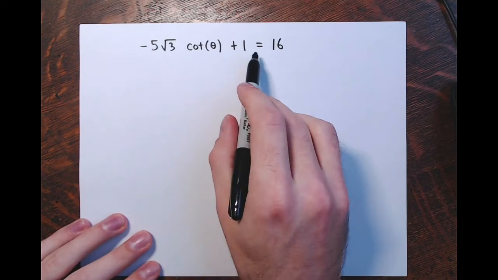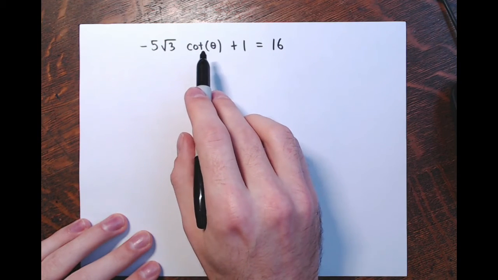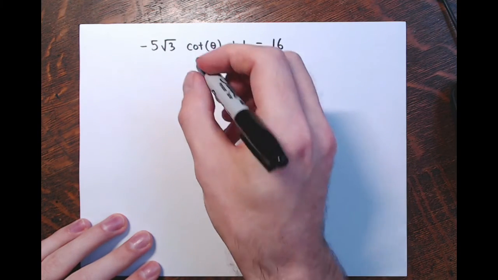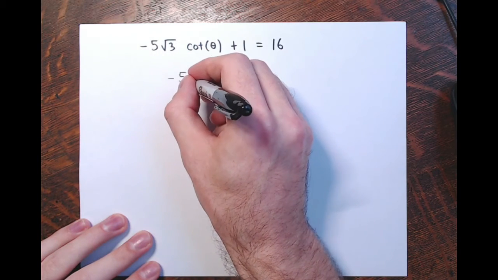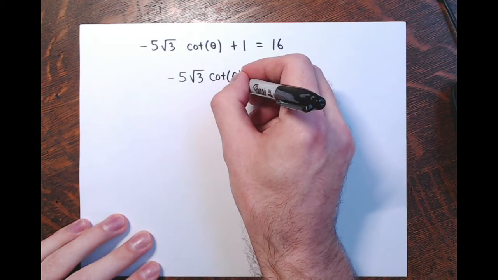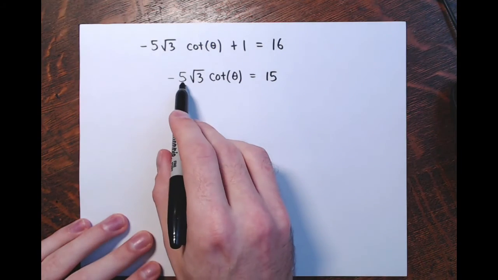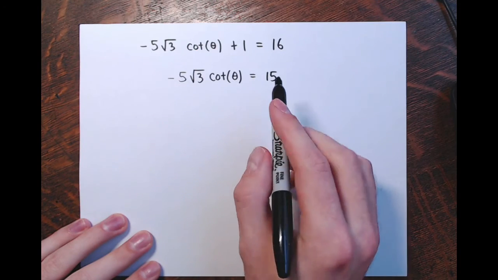The first thing I'd do is subtract. I want to isolate this cotangent of theta, get that alone. So I'd be subtracting 1 first. We have negative 5 times the square root of 3 times the cotangent of theta must be equal to 15. Then I would divide by negative 5 times the square root of 3.